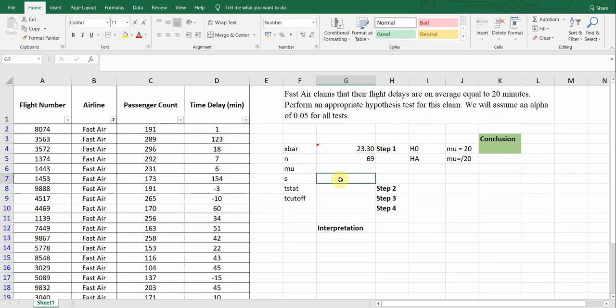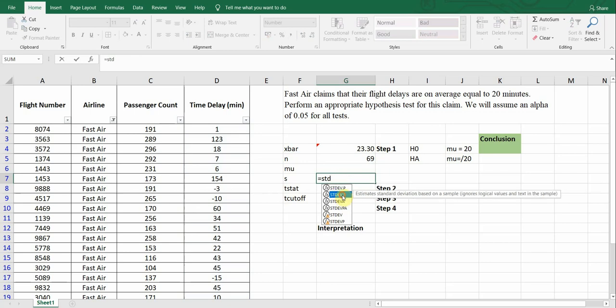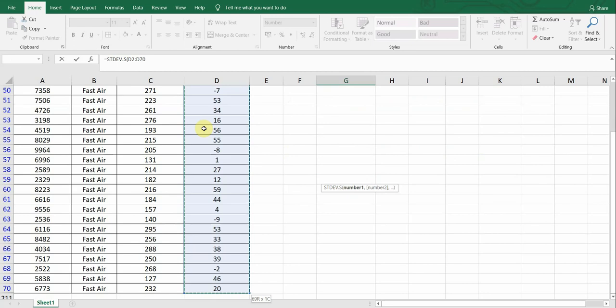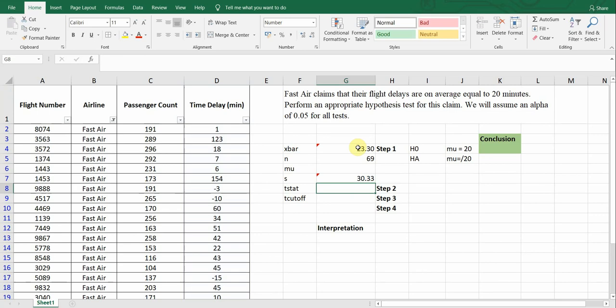The next thing we need to calculate is the standard deviation. Standard deviation is calculated using STDEV.S. This is the formula that we'll be using, and here again we need to select all the time delays. Once you have selected it, close the brackets and click on enter. You get your standard deviation for the sample.